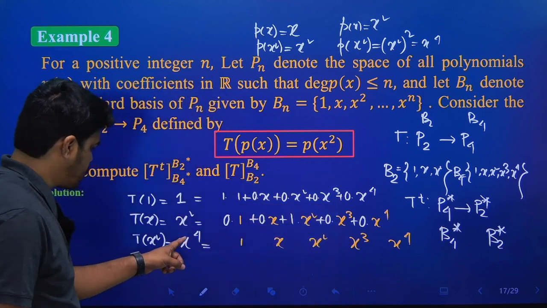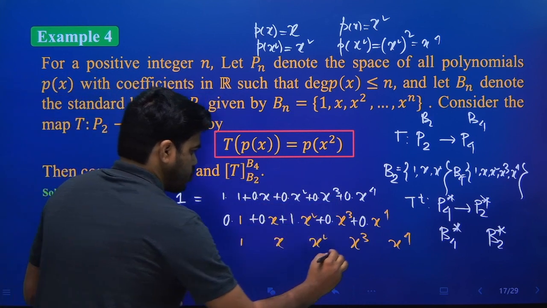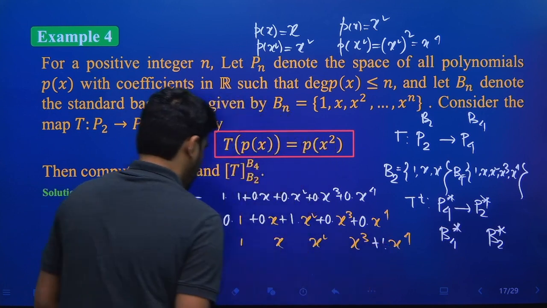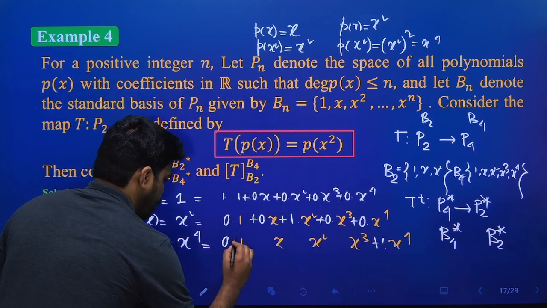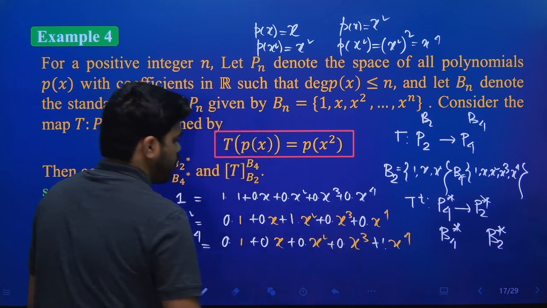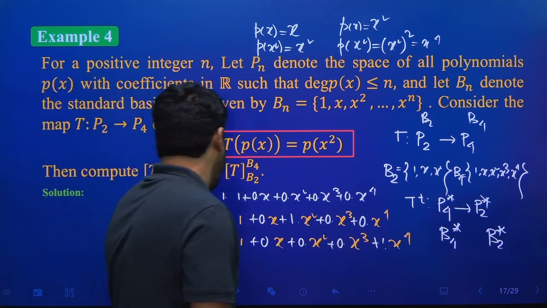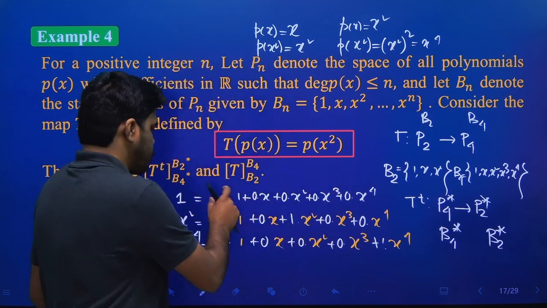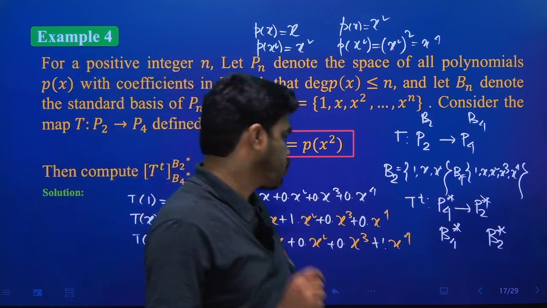So the coefficient of x square is 1. There is no other term, that means these are all 0. So what is the matrix representation of T? The coefficients you get for the rows, you will represent column-wise, right?